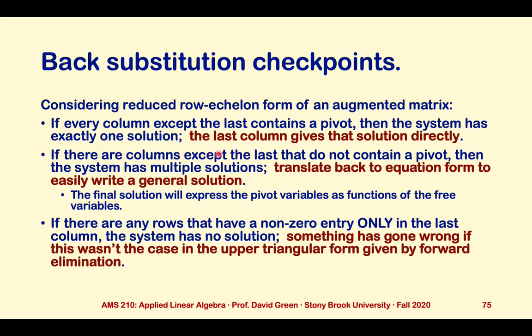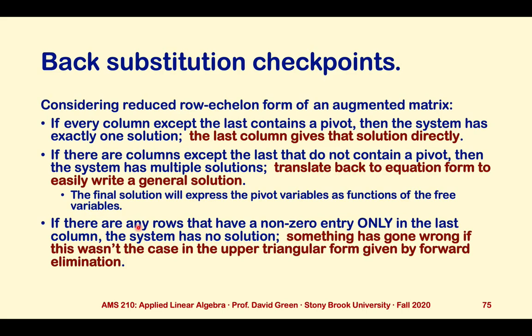If there are columns except the last that do not contain a pivot, that means we have free variables. We have multiple solutions. If we translate back to equation form, we can easily write a general solution with almost no effort, writing this general solution with pivots as functions of the free variables.